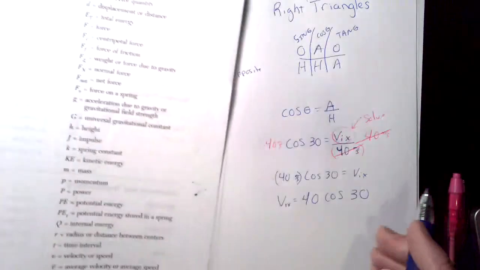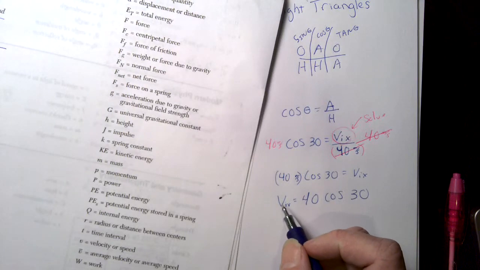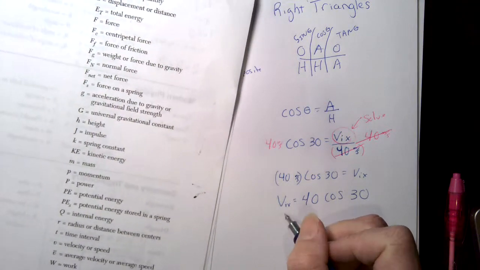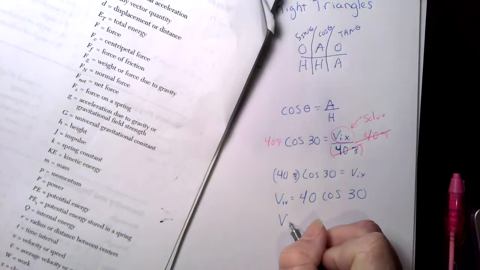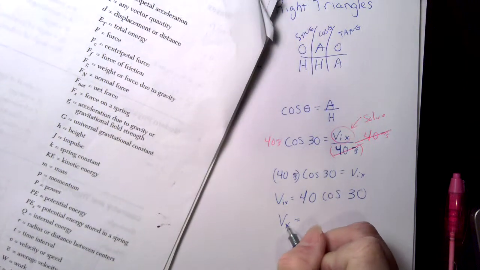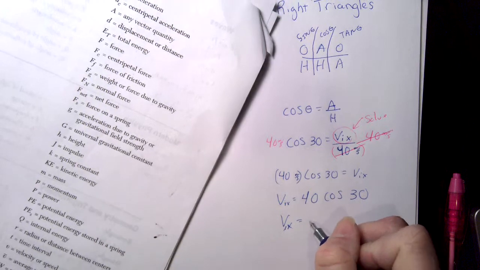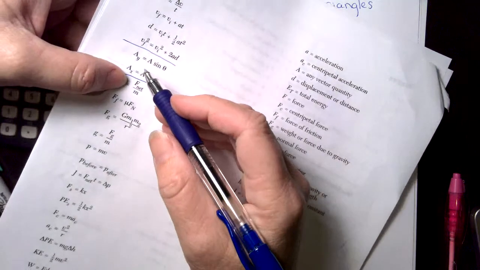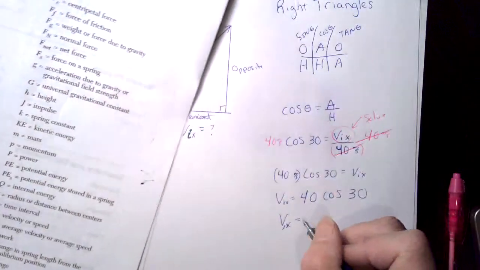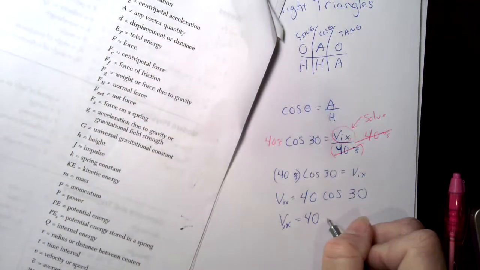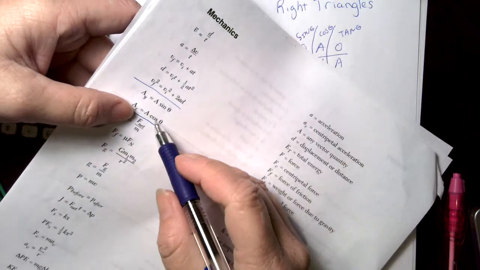Is that what we actually got? Yeah. So instead of writing A, they write Vx. It's the initial, that's why I'm writing a little i there too. Then it uses the full velocity, or the full vector, and the angle. So that's where you get the 40. And then you're going to take cosine of whatever the angle is in it.